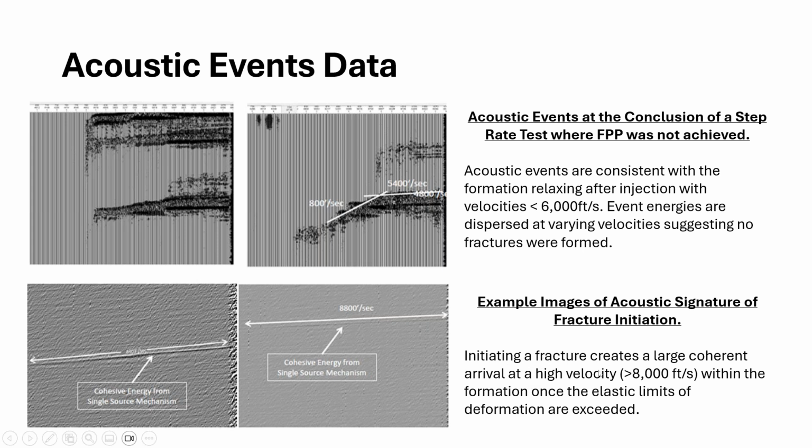So initiating a fracture creates large coherent arrival times at higher velocities within the formation. And then this is where the formation is relaxing over time, where you do not see a striking arrival time, it's dispersed.